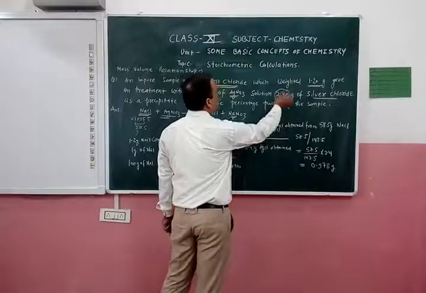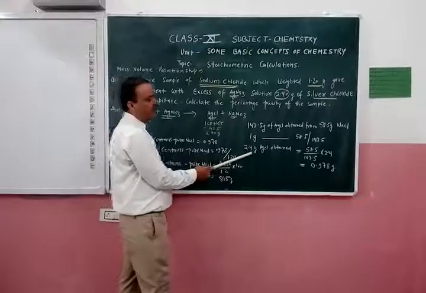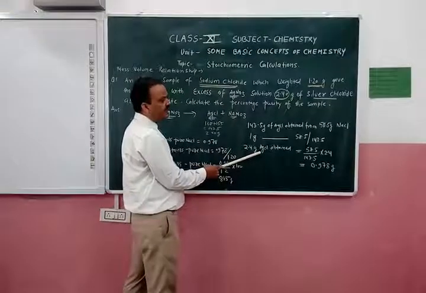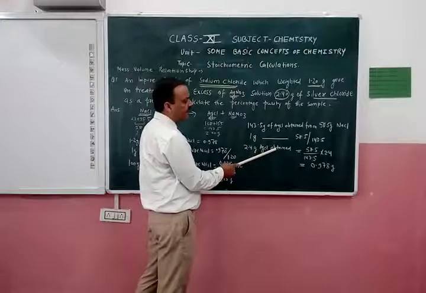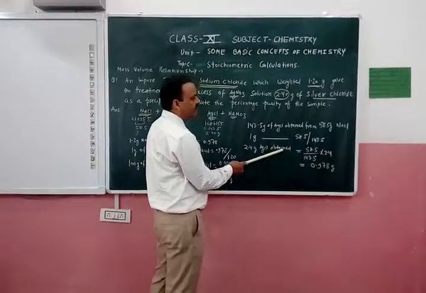In the question, we are getting the quantity 2.4. So 2.4 gram of AgCl is obtained by how much NaCl?